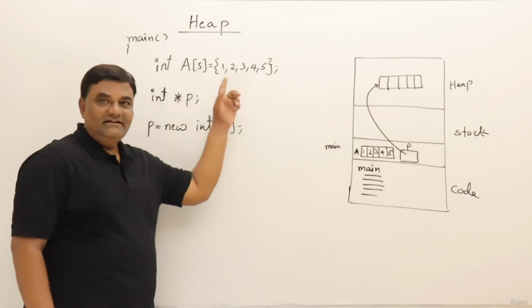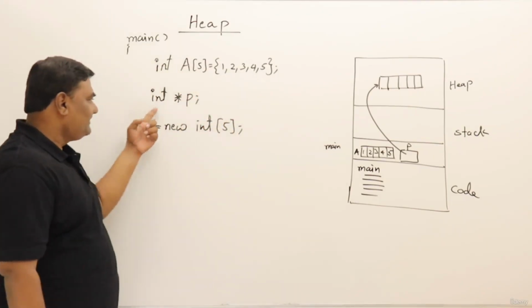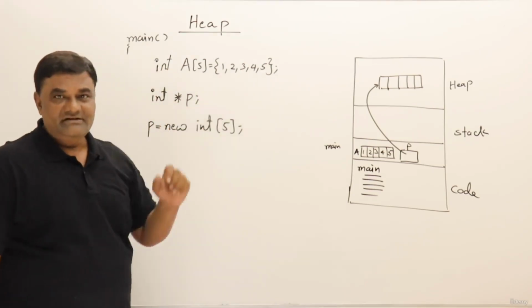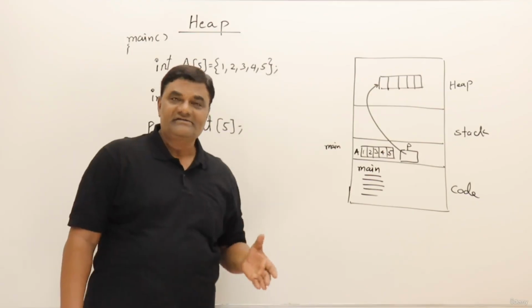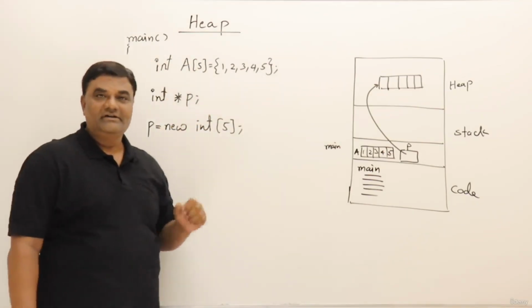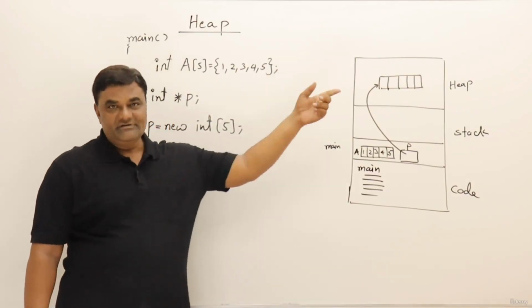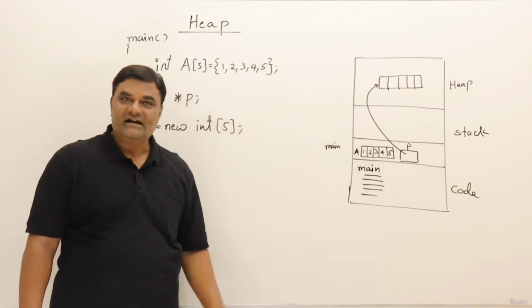So when you declare an array like this, it will be created in stack. When you take a pointer and whenever you say new, the array will be created in heap. And when you say new, you need to take that address in a pointer. So that's what we are taking in a pointer, and we have a pointer here. New means memory is allocated in heap, and a plain declared array is created in the stack.